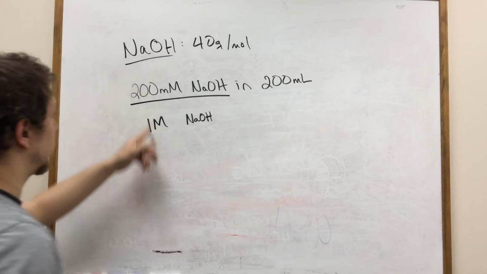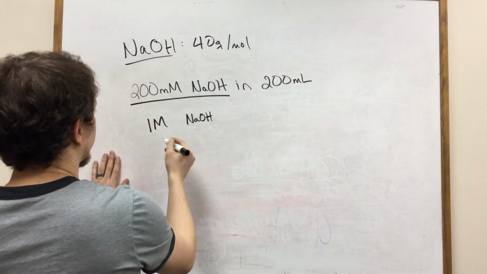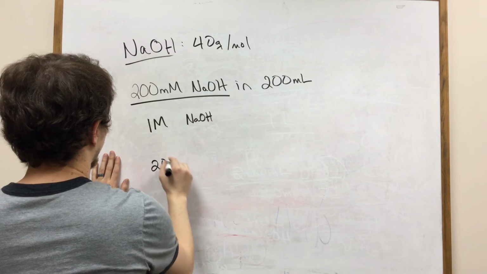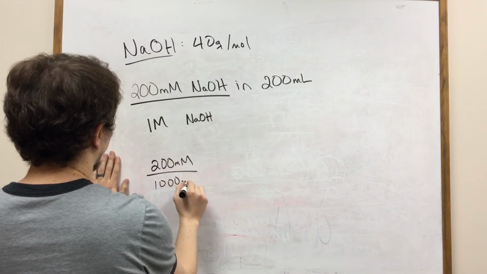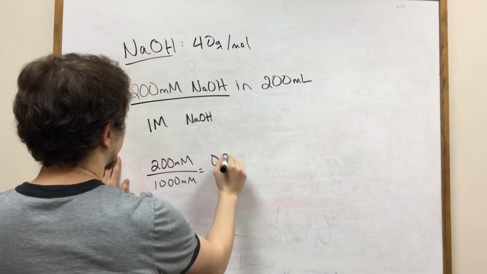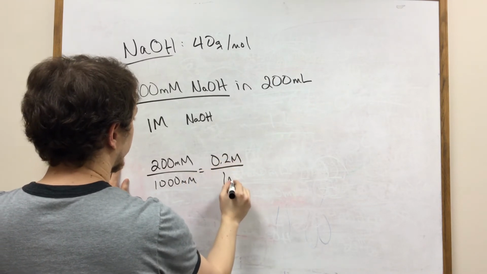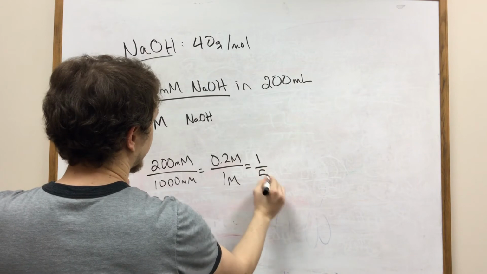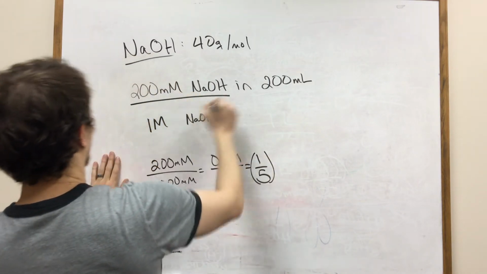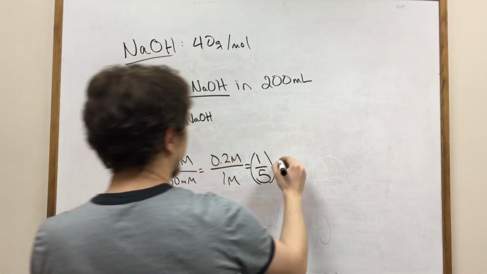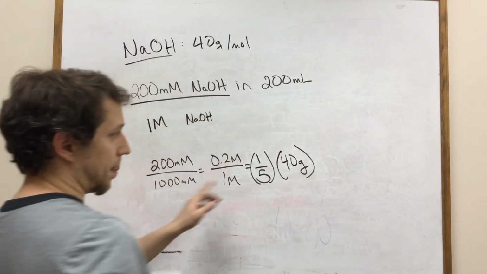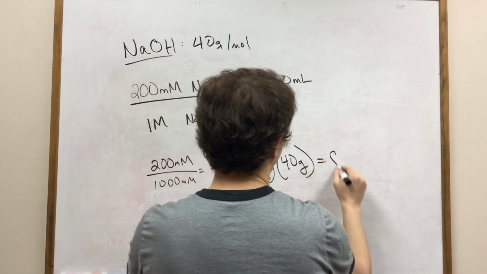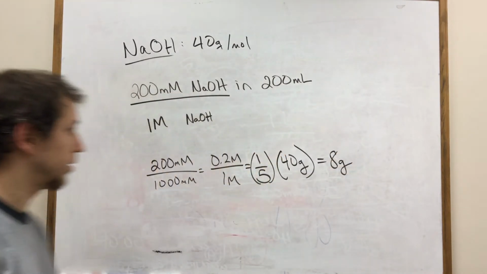So, again, we've done this before. 200 millimolar over 1,000 millimoles, or 0.2 molar over 1 molar. In either case, it's a fifth times the number of grams needed to make 1 molar, which is 40 grams. Okay? And that gives me, of course, 8 grams, but I'm not done yet.